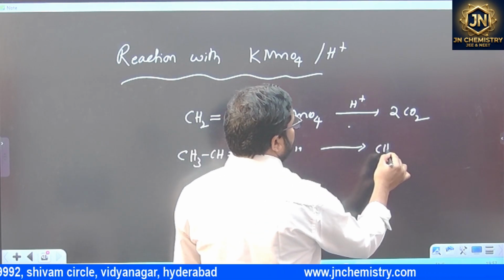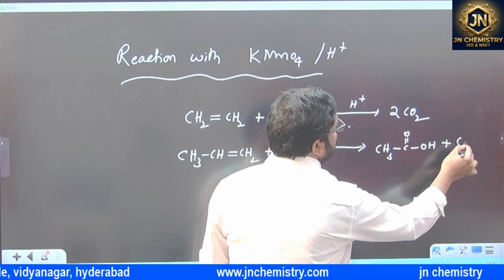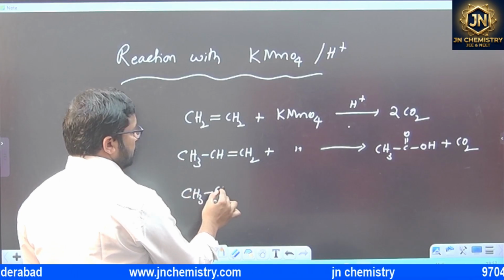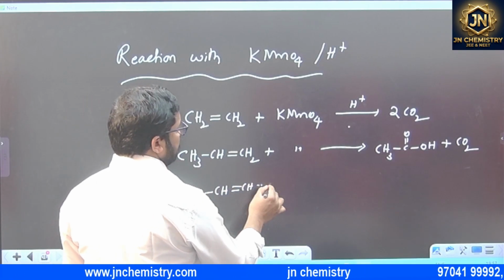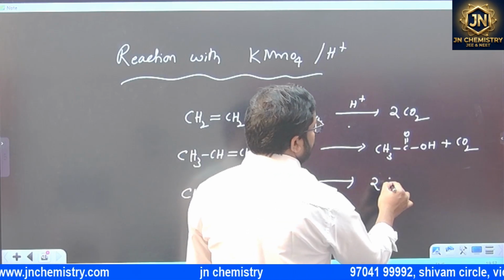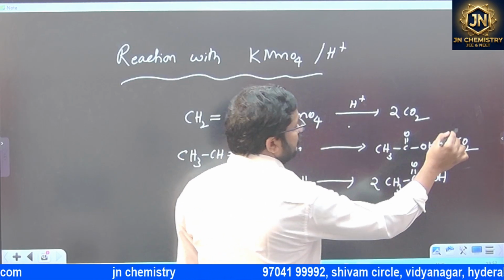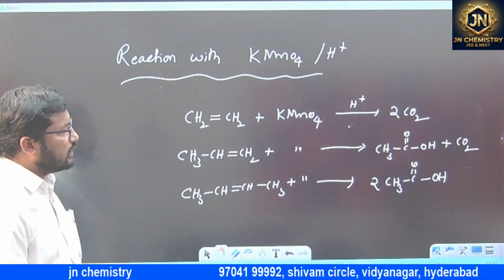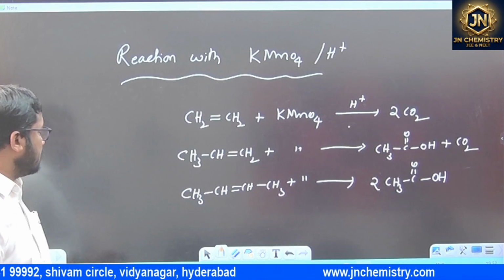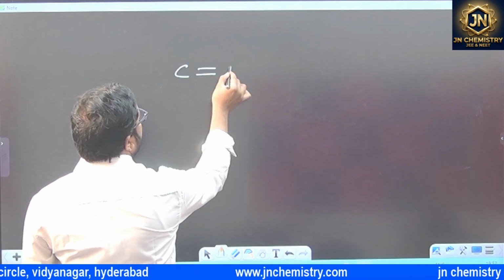Here is CH3, C double bond OH, carboxylic acid, and CO2. CH3, CH double bond CH, CH3, so 2 moles of carboxylic acid. So first write it down. I'll explain how we need to solve this question in easy mode. So first step, what we need to do, same like ozonolysis.